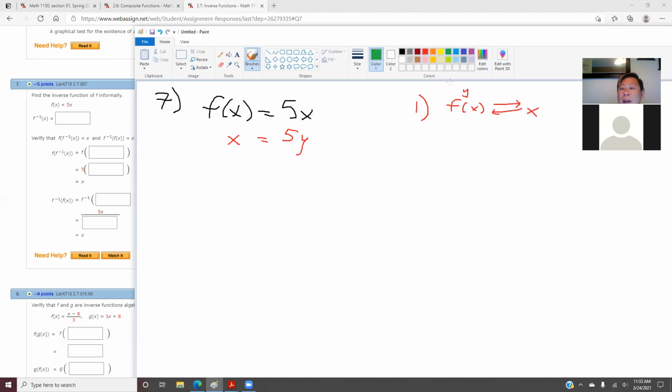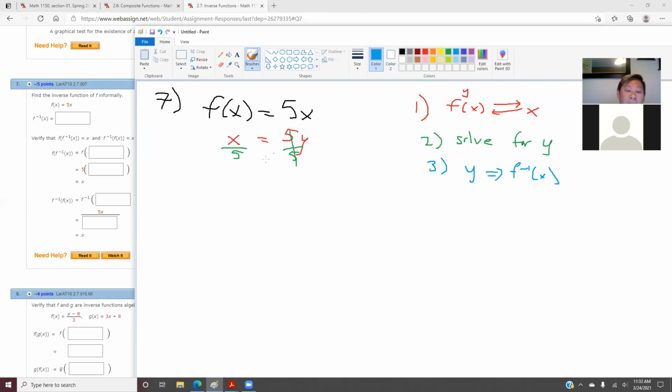And then the second step is to solve for y. So how do you solve for y in this case? I divide this by 5. And the last step, there's only 3 steps, change your y to become f inverse of x.